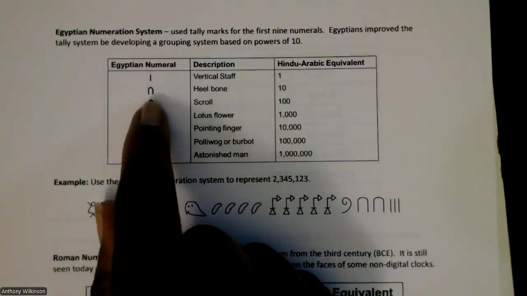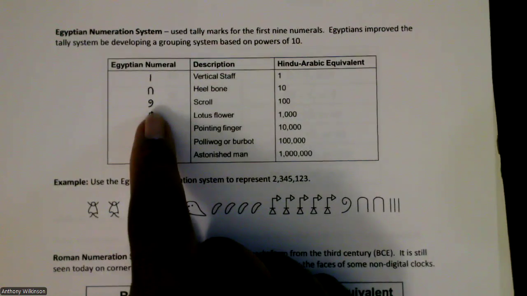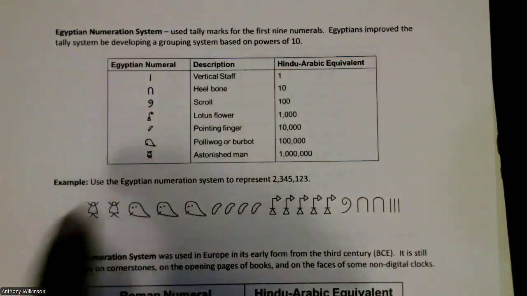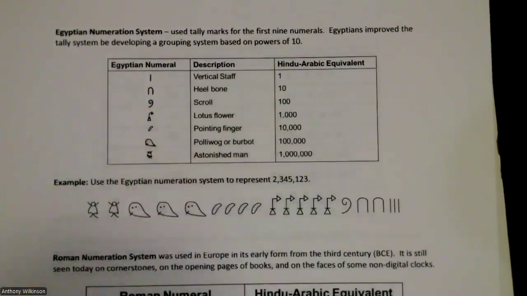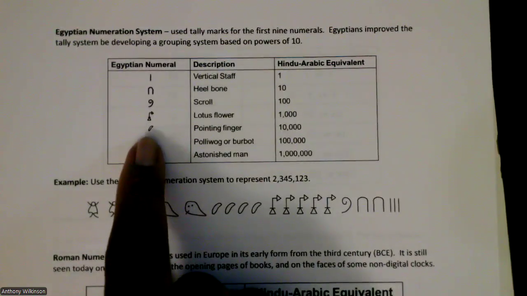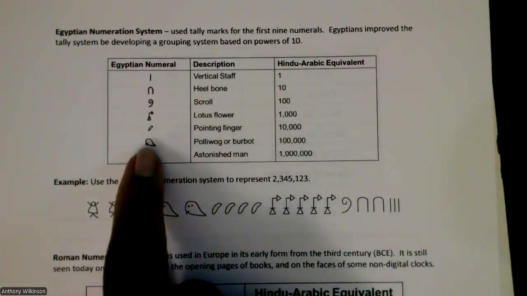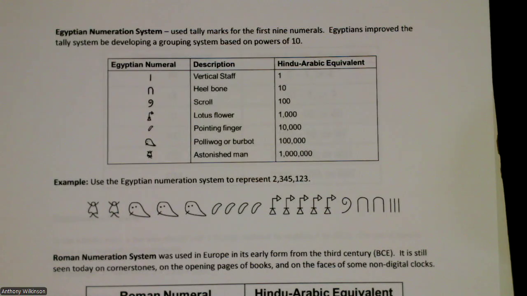Now here they use the heel bone to represent 10. And then the scroll, which looks like this, represents 100. Then the lotus flower, which is this, represents 1,000. The pointing finger represents 10,000. The polliwog or a burbot represents 100,000. And then the astonished man represents 1,000,000.